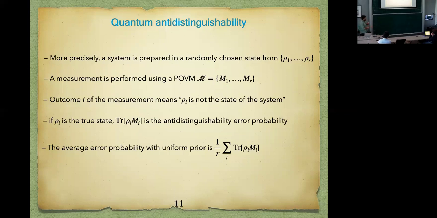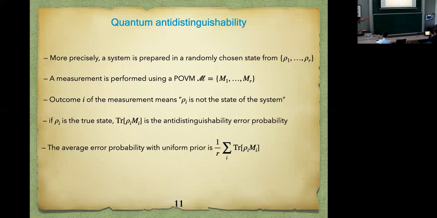So if ρi was the true state of the system, the probability of getting outcome i for the corresponding POVM element is given by the Born rule. It's the trace of ρi times Mi. And if the system is in state ρi and the output is i, you have committed an error. The POVM has committed an error for the anti-distinguishability task.